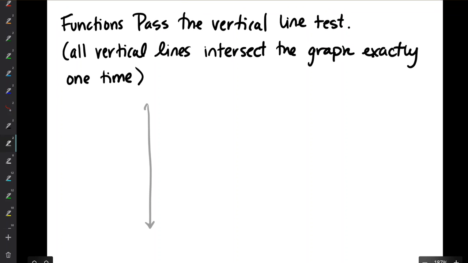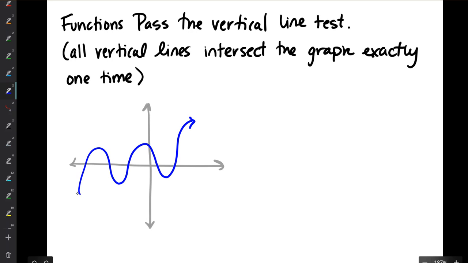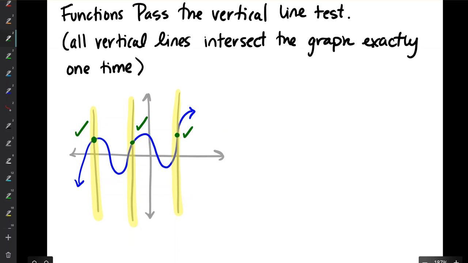So here, all my vertical lines, all these fixed x values, intersect my curve just once. This is a pass. This is a function.